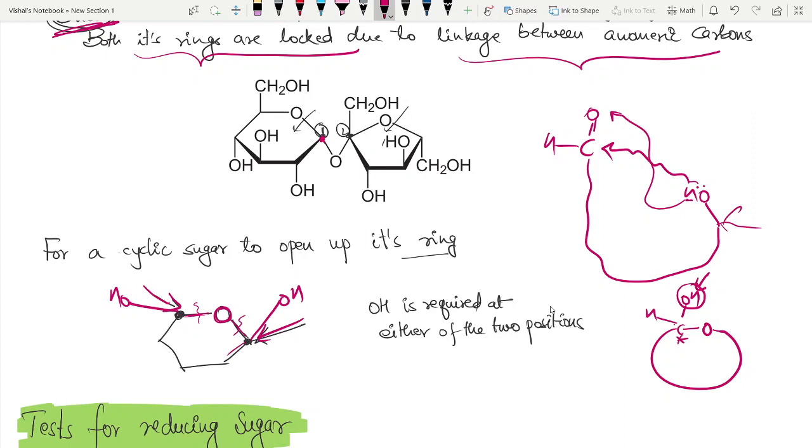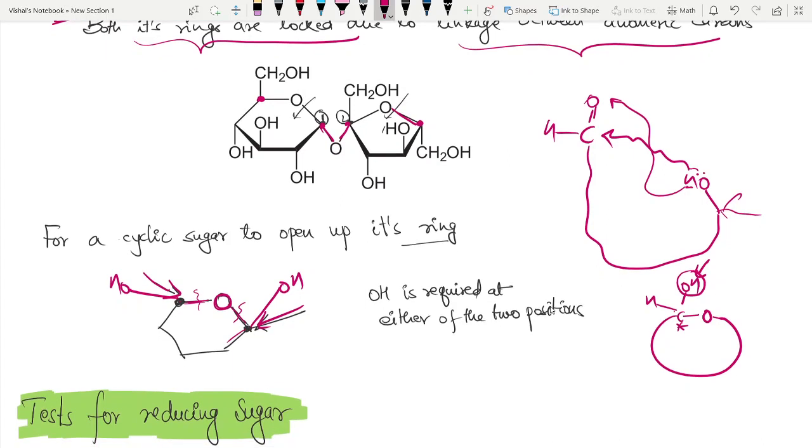So during the formation of the glycosidic linkage here, both the OH groups got used up and an ether linkage has been developed. So there is no OH on this carbon and on this carbon. And you can check here also there is no OH, and here also there is no OH, right? Just to be more safe.